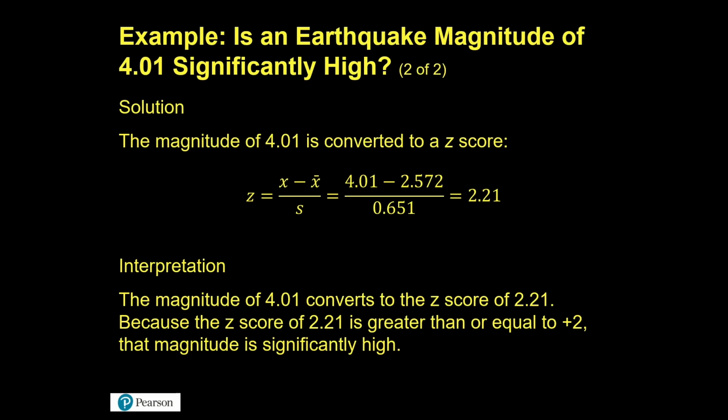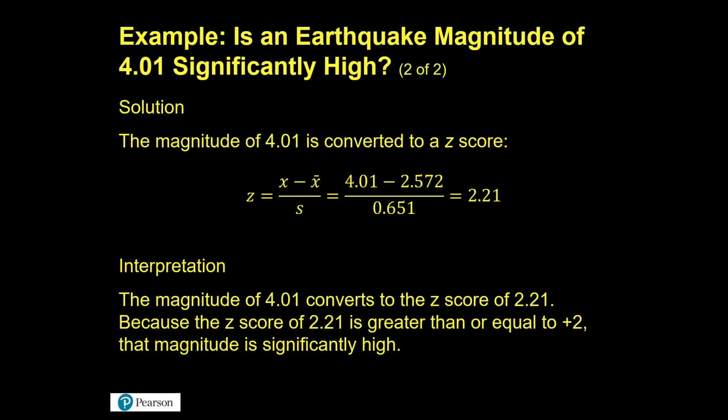For the book's interpretation, they say the magnitude of 4.01 converts to the z-score of 2.21, and because that z-score is greater than or equal to positive 2, the magnitude is significantly high.